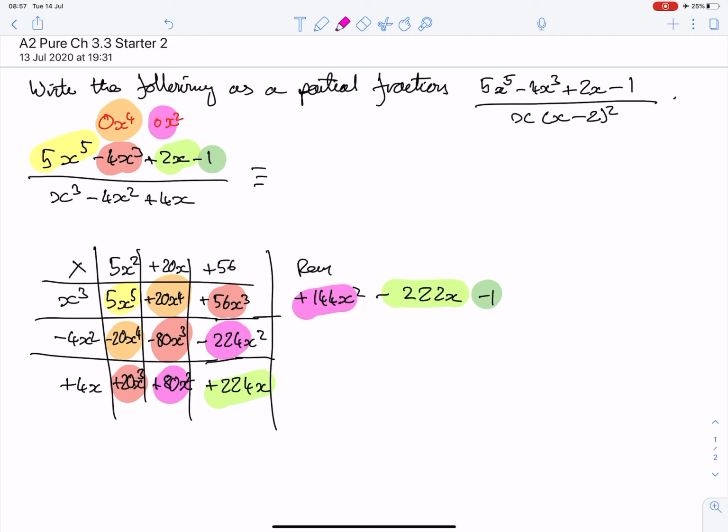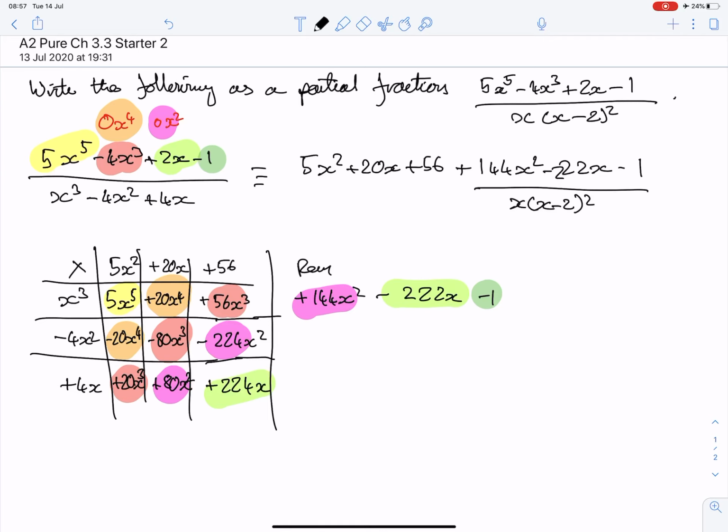Okay. So our answer so far looks like this. When we do the division, we get 5x squared plus 20x plus 56, and a remainder of 144x squared minus 222x minus 1, which still needs to be divided by x times x minus 2 squared.